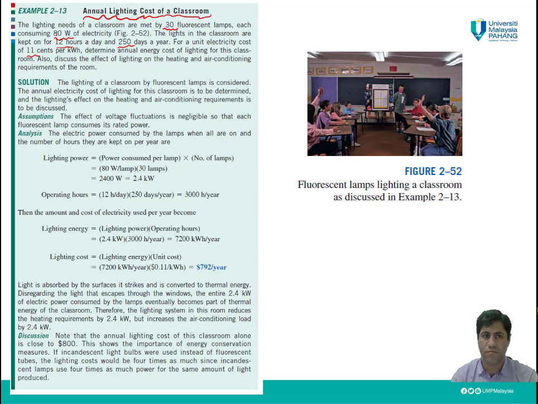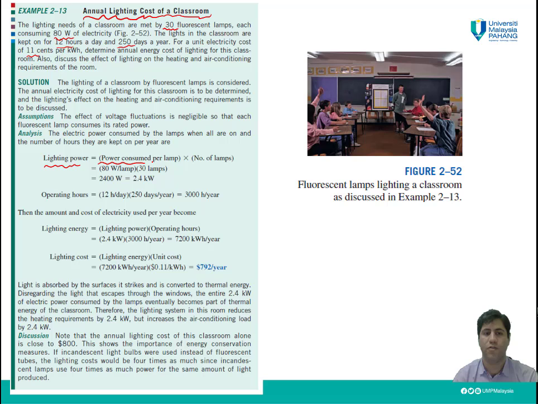Okay, so as you may guess from the question as well, we are going to calculate the annual cost by this information, which is for these 30 lamps. First of all, we should calculate the lighting power. Lighting power means we have 30 lamps, and we know also how much is the power consumed for each lamp.